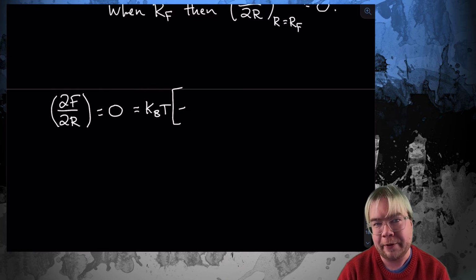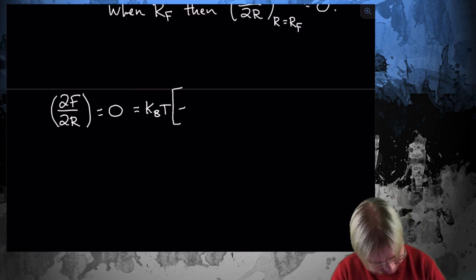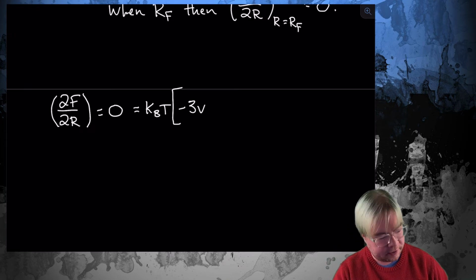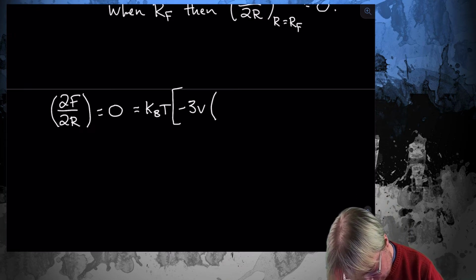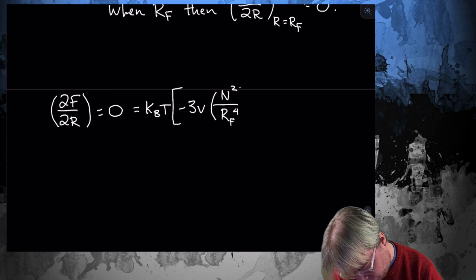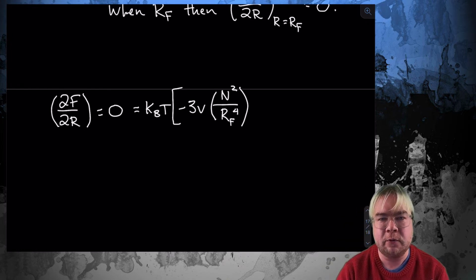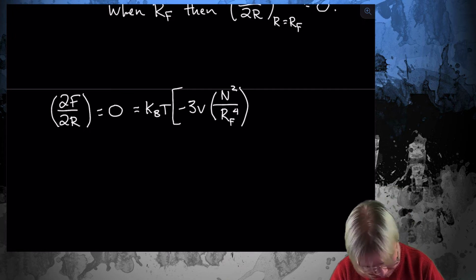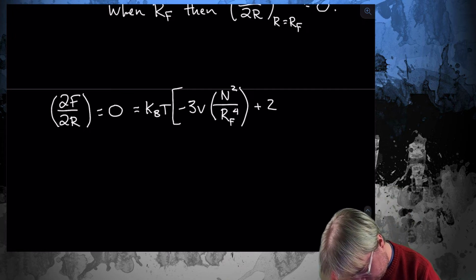You'll have to do it on the homework anyway. This will be from the first term, 3v with a minus sign because R is in the denominator, N squared over RF to the fourth, because remember, this derivative is equal to 0 when R is equal to RF. And then plus 2 RF over N b squared.